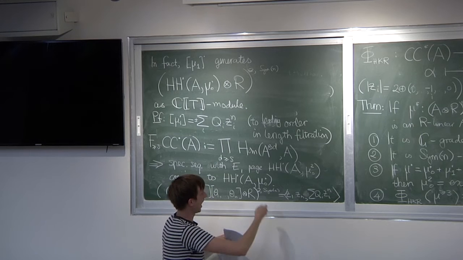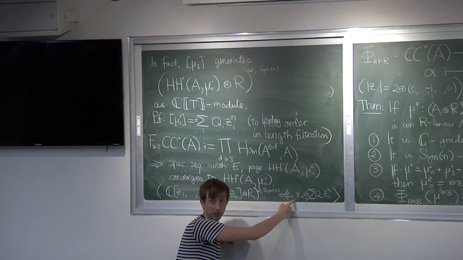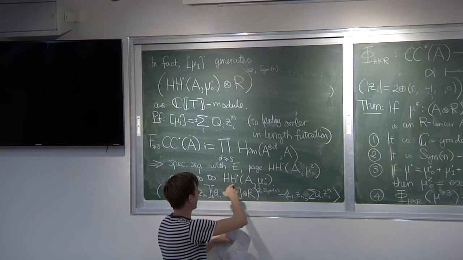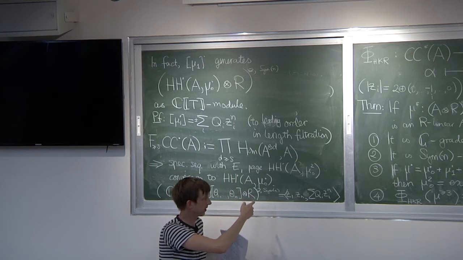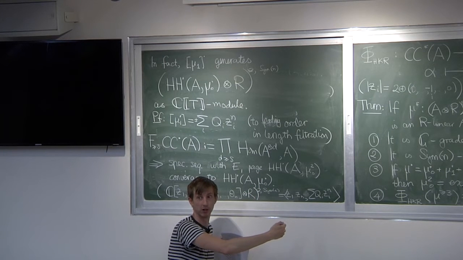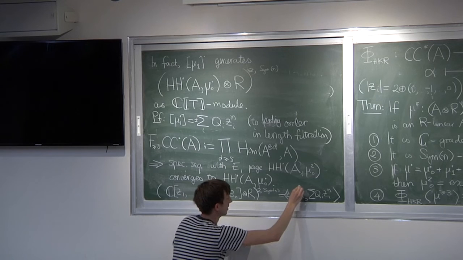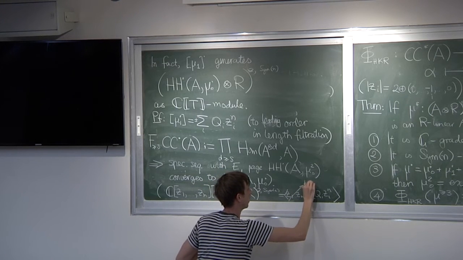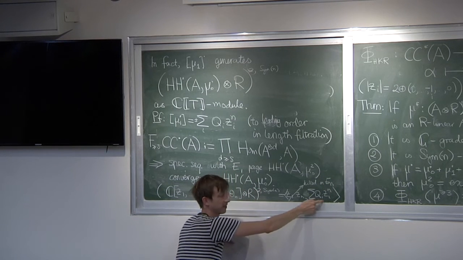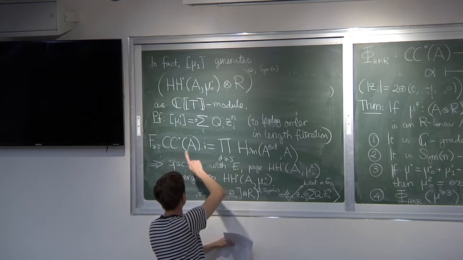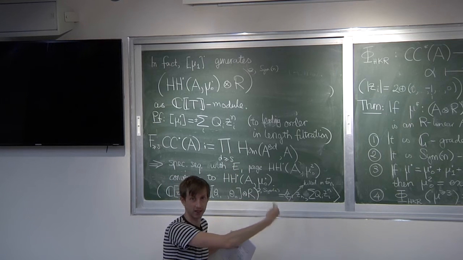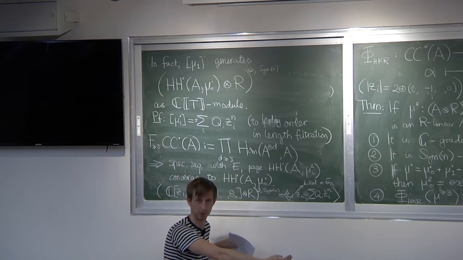Okay, and now this class was our obstruction class for mu naught, and so you will see that when you go to the nth page of the spectral sequence, this class will get killed by the Hochschild differential. So this guy gets killed on En. This guy remains, and this is the class that is our first order deformation class. So on the En page, this mu1 generates, and therefore it generates in the whole complex.